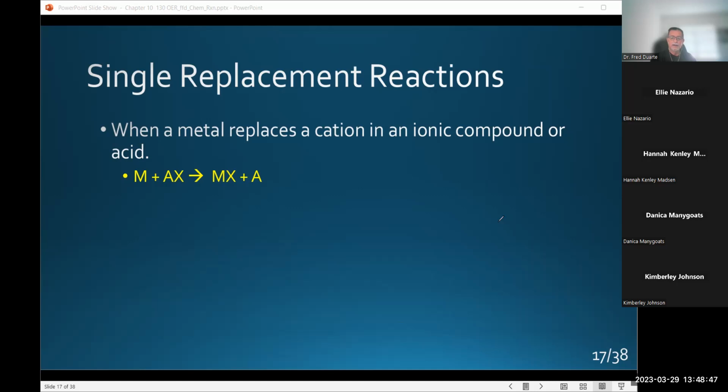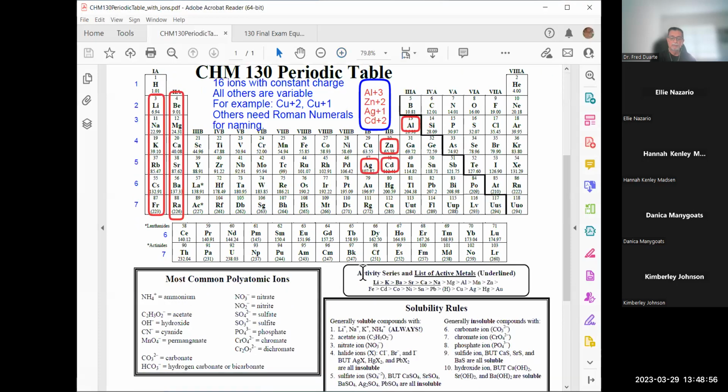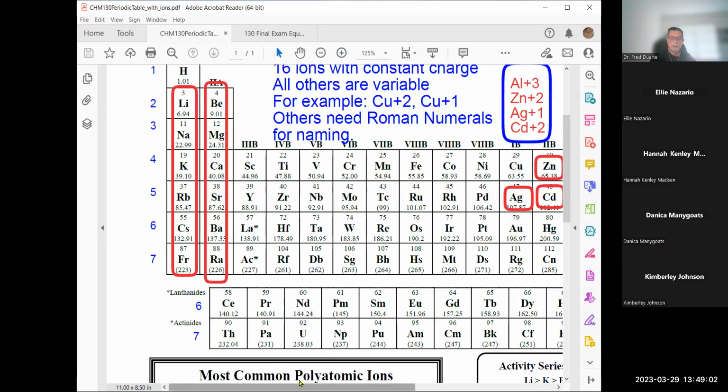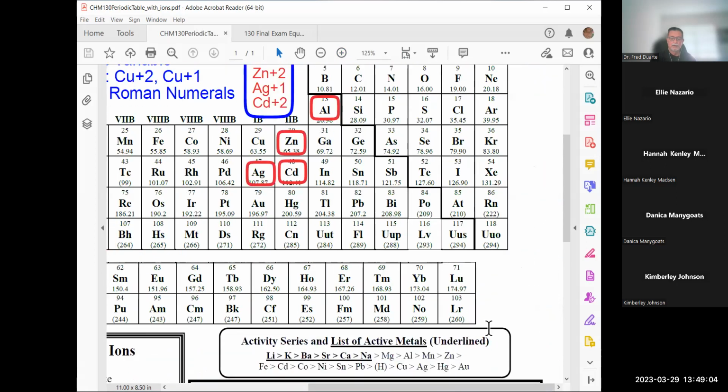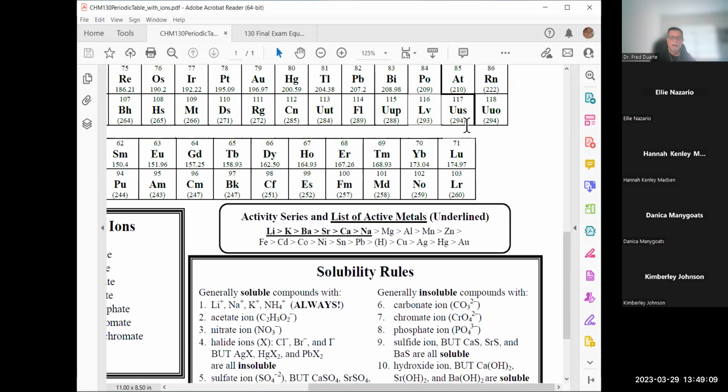And that scale, let me zoom up here, is on the periodic table right above the solubility rules. It's a list of active metals. Let's go over this.